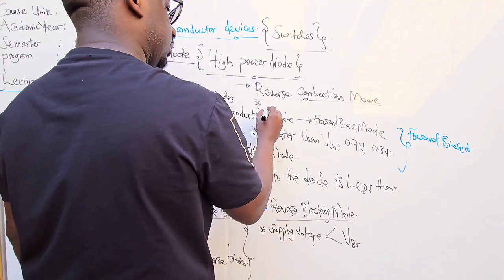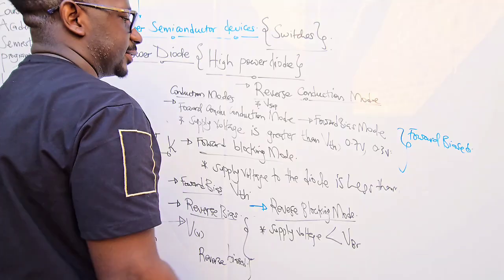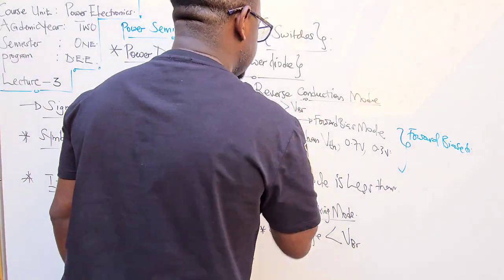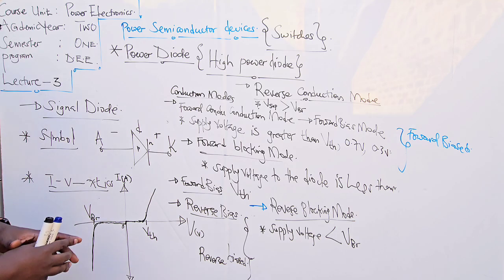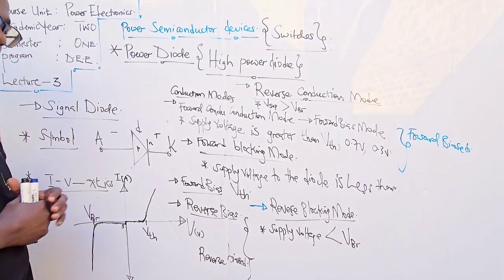That is where the V supply is now greater than VBR. So now the diode conducts either way. So this is where most diodes break down. It no longer functions as a device that conducts in one direction. Now it's a device that can conduct in both directions. Most of the diodes, this is where they give up.